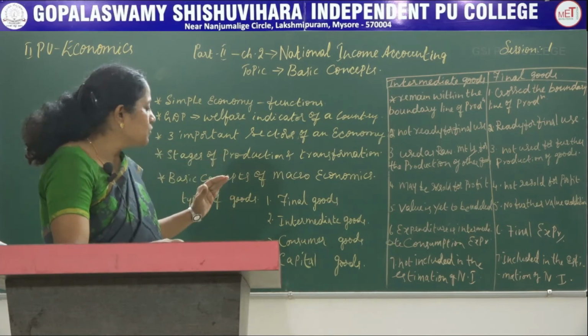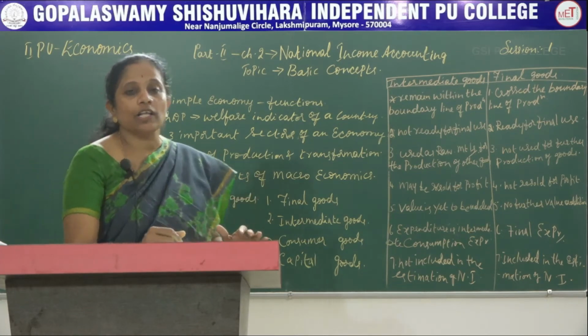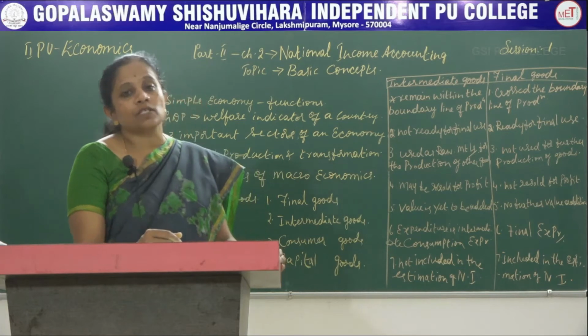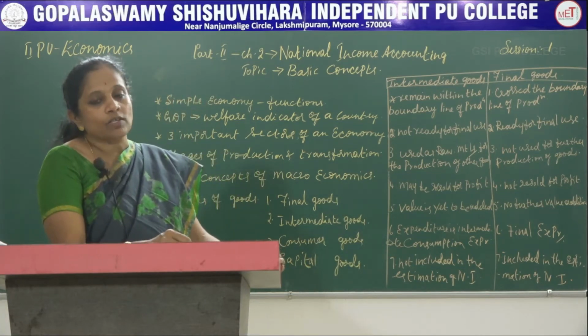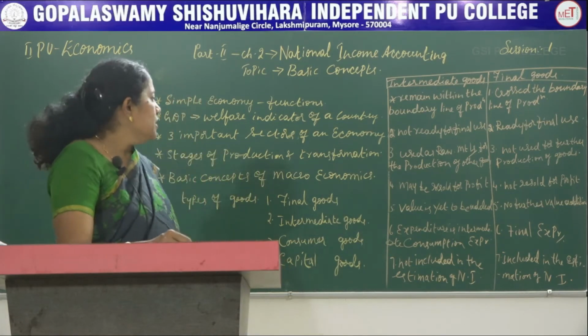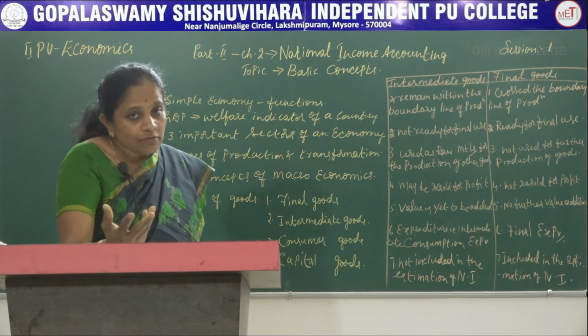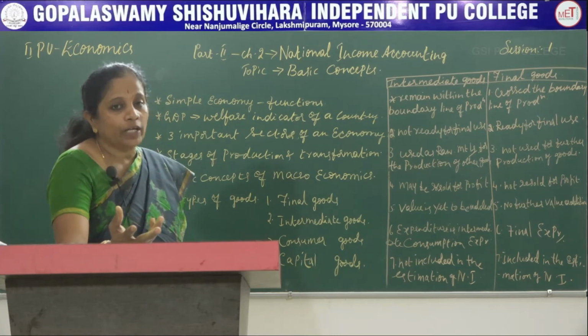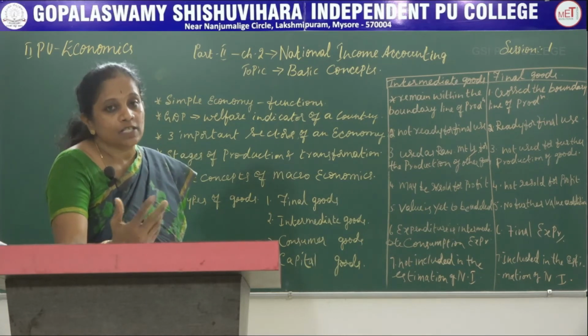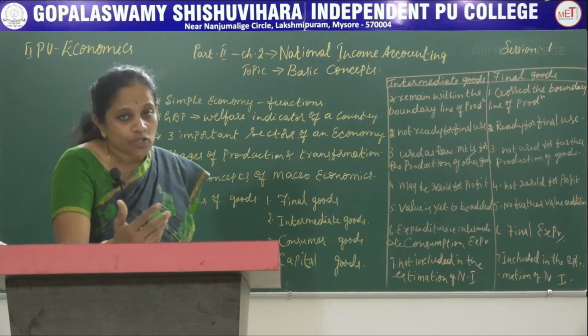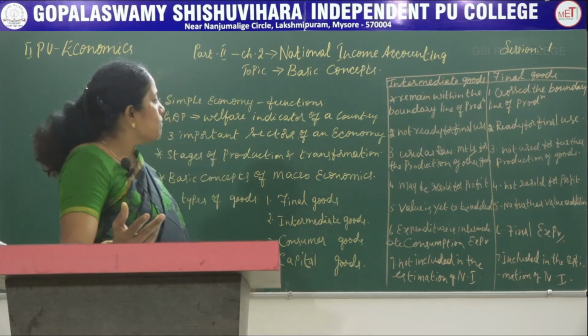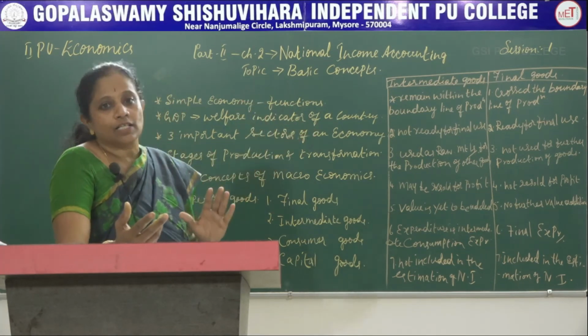So, the final goods are those which do not involve any further process of production. They have crossed the boundary line of production. So, these final goods are ready for use and there is no need to wait for further processing or further transformation of these goods. Whatever you have bought is ready for consumption.